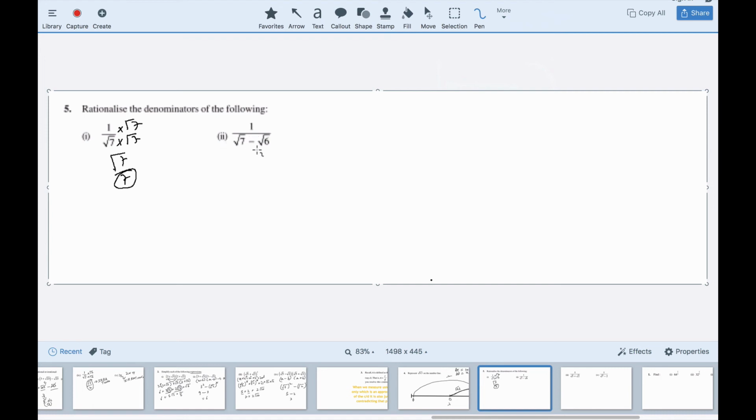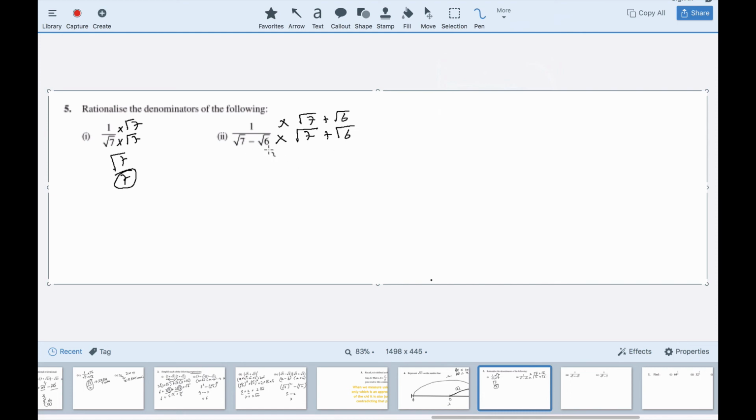In this case, when we have two irrational numbers either being added or subtracted, the conjugate is the same numbers with the opposite sign in between. So I multiply both the numerator and denominator.